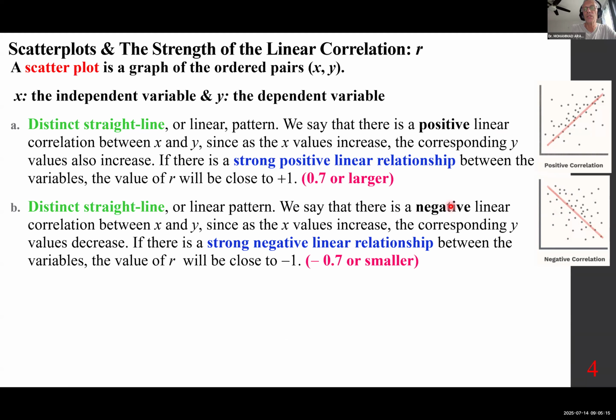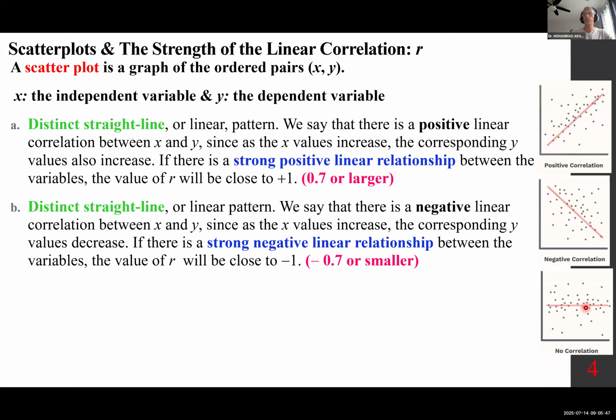We say that there is a negative linear correlation between x and y, since as the x values increase, the corresponding y values decrease. If there is a strong negative linear relationship between variables, the value of R will be close to -1, meaning -0.7 or smaller. So R is only between -1 and 1. Don't mix it up with probability, which is between 0 and 1.